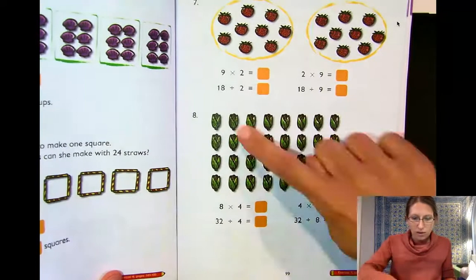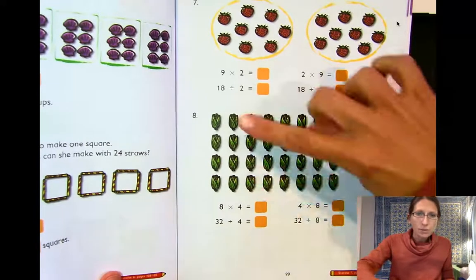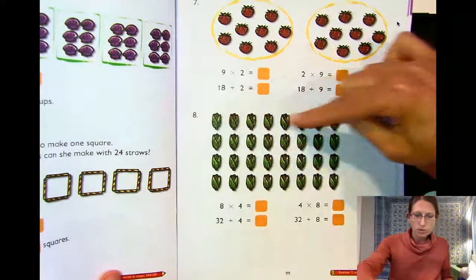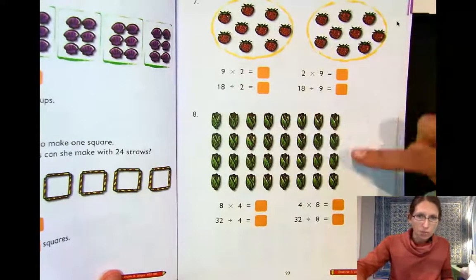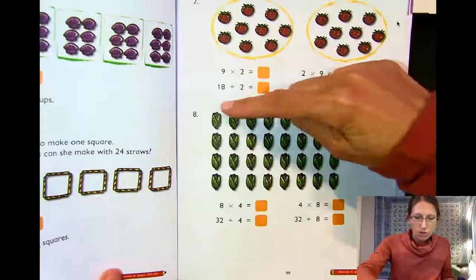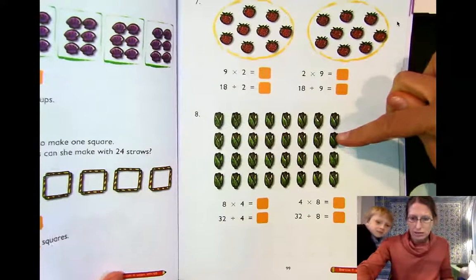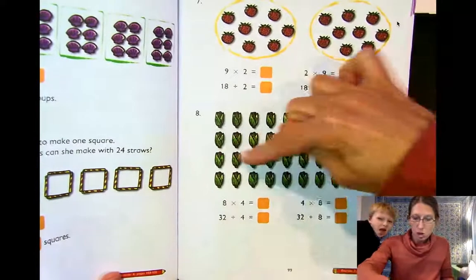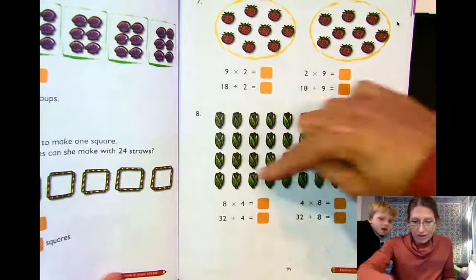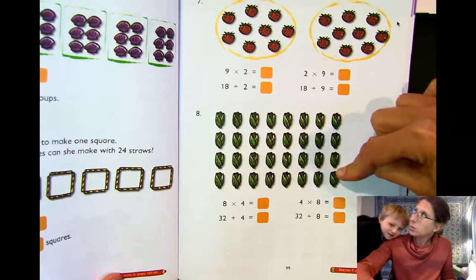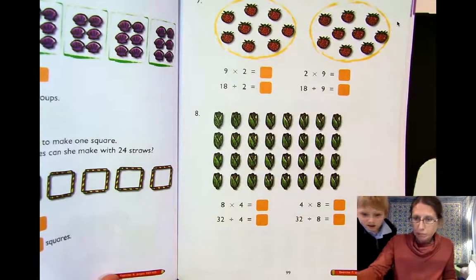So we have 4 rows and 8 columns. And if we count up all those rows and columns, we will get our whole number, how many there are altogether. So we could think about, well, here's 8 plus 8, that's 16, plus another 8, that's 24, and another 8 would be 32. So 32 is our whole number.